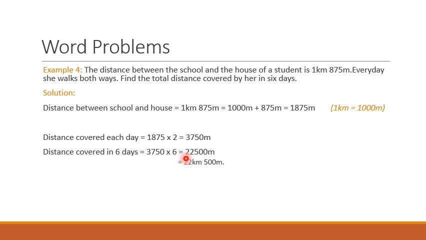Now this is quite a big number to represent in meters, so we again convert it into kilometers and meters. To convert meters to kilometers, we divide by 1000. So on dividing, we will get 22 kilometers 500 meters. So the answer is, the distance covered by her in 6 days is 22 kilometers 500 meters.